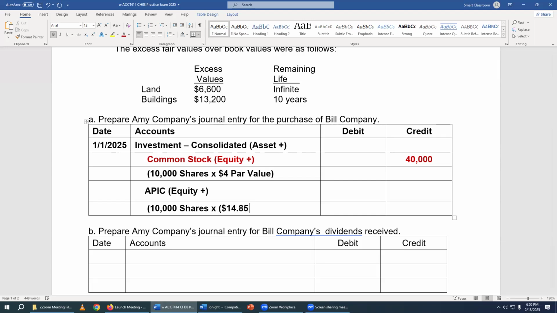Take the Q out. Okay, so the additional would be the 10,000 times 1485 minus 5, so was that $10.85.